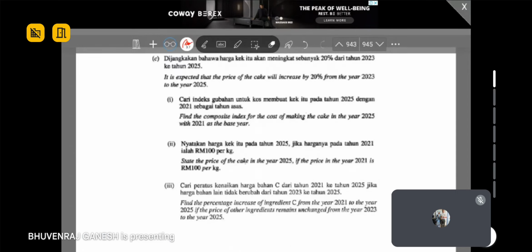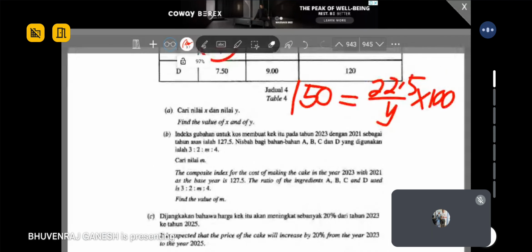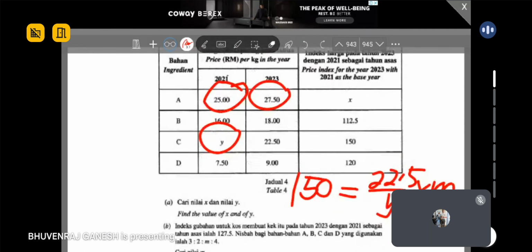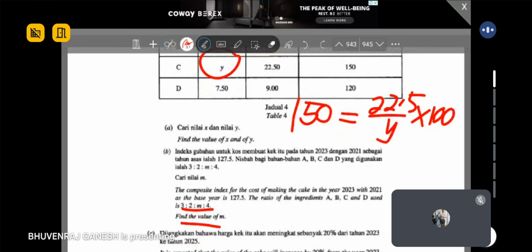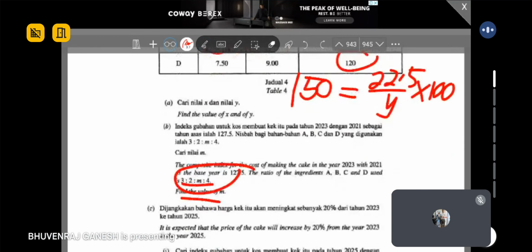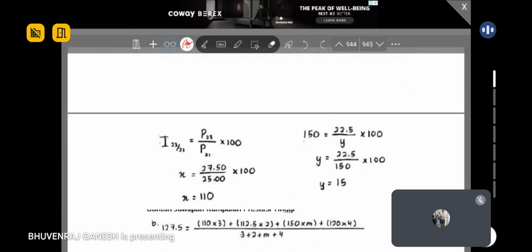Wow, you analyze so much, Bowen. So good. Okay, so for question B, they're talking about composite index, harga gubahan. So they want you to find your M value. So just use the formula lah, guys. Guna rumus sahaja. Alright, the weightage is all given already, pemberat. Okay, so you just take all this index times the weightage. Okay, so you will get the formula like this.